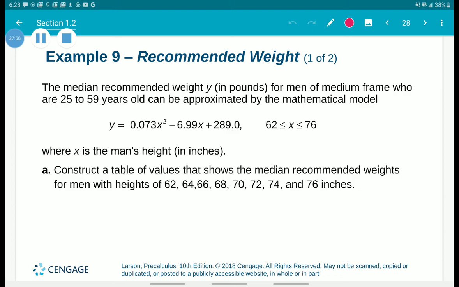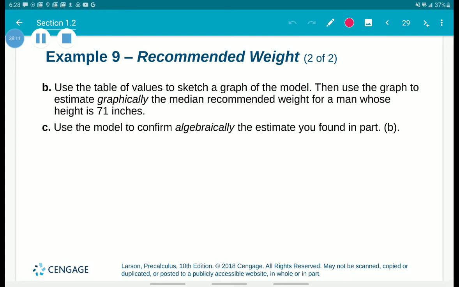And x is going to be the man's height in inches. We want to construct a table of values that shows the median recommended weights for men with heights of 62, 64, 66, and so on. And then we're going to use the table of values to sketch a graph of the model. And then we're going to use the graph to estimate graphically the median recommended weight for a man whose height is 71 inches. And we're going to use the model to confirm all of that.